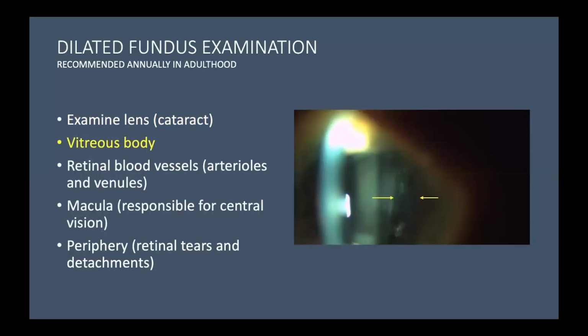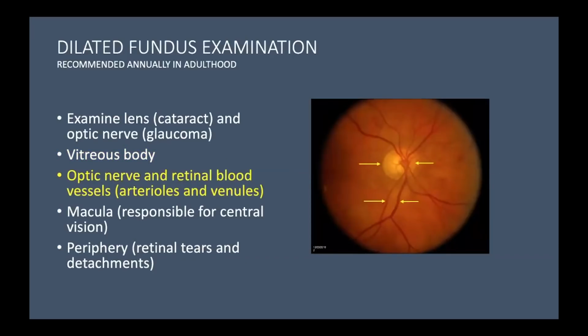We're able to visualize the vitreous body, which is shown here between the two yellow arrows, and you can see some wispy strands of the vitreous just behind the lens. We're able to examine the optic nerve, which is a pink disc, and the retinal vessels, both the arterioles and the venules, shown as the lower arrows. The arterioles are finer caliber compared to the venules.